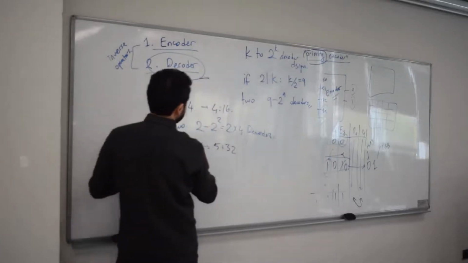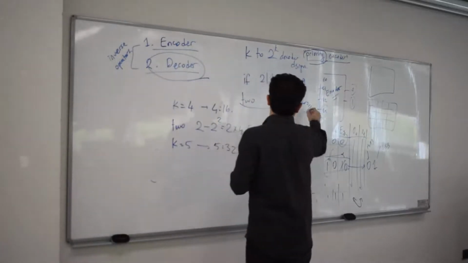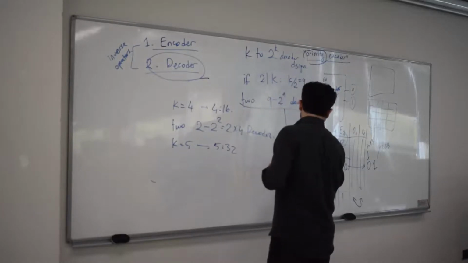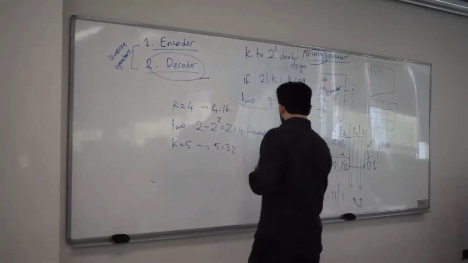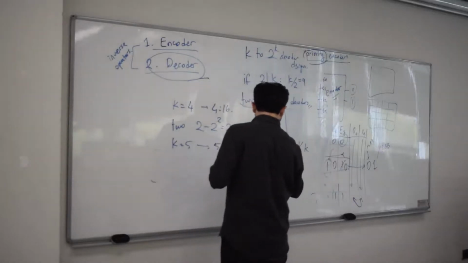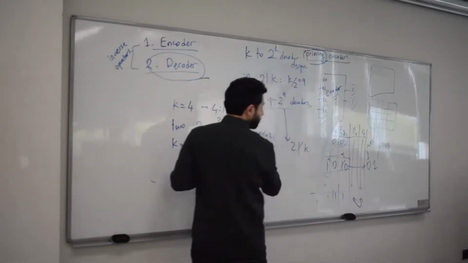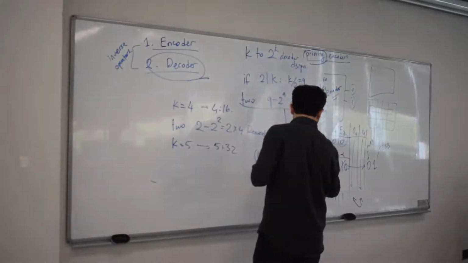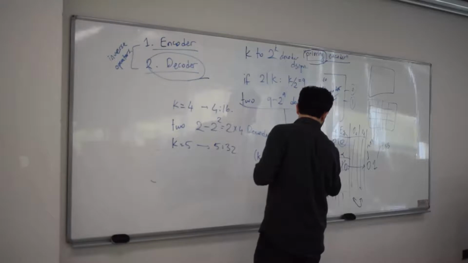So I'm going to use the second case, which is 2 does not divide k. In that case, k minus 1 over 2 divides k. I'm going to call this q1. And k plus 1 over 2 divides k, and this is q2.